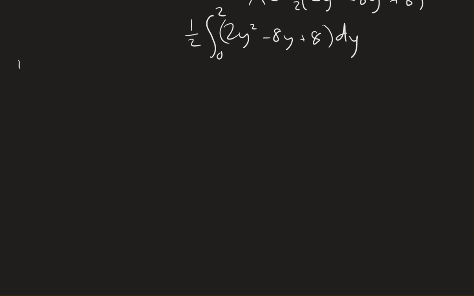And now we should be able to finish it with integration. So let's raise the power by 1. Actually, before I integrate, I guess I'm just going to multiply this 1/2 through, or divide everything by 2. I guess you could do that later if you'd rather.